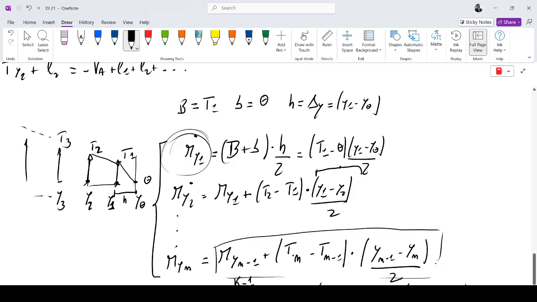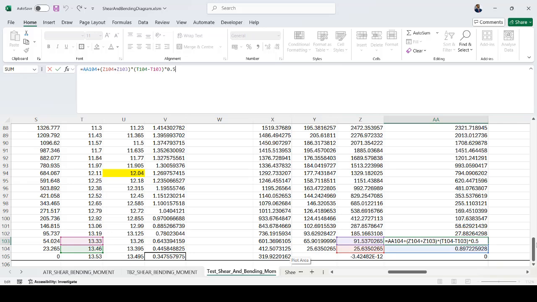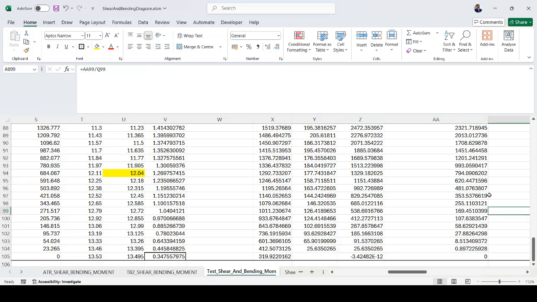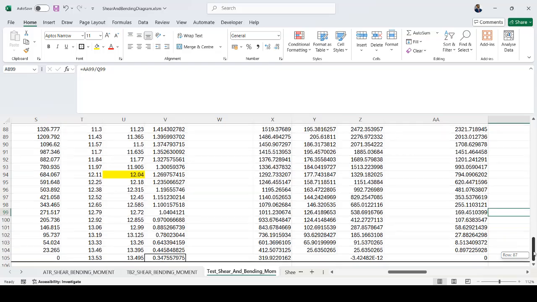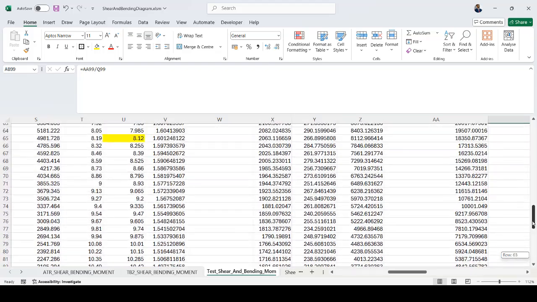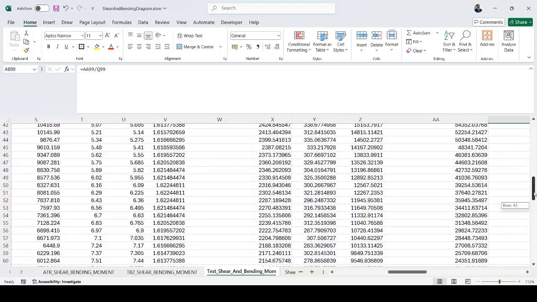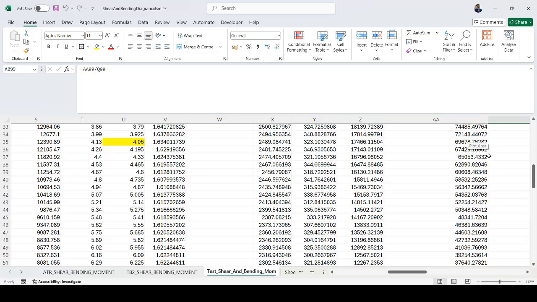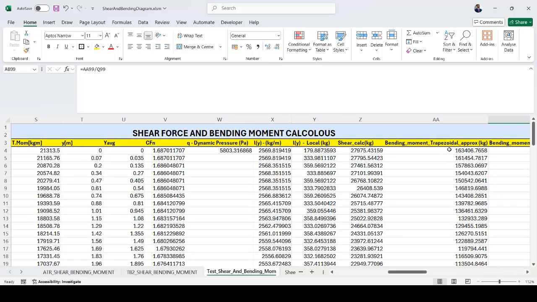Along this column we have the moment at each station, at each y. This column here, column AA, is the moment at interlocking at the point A.